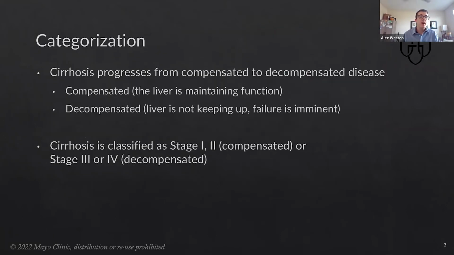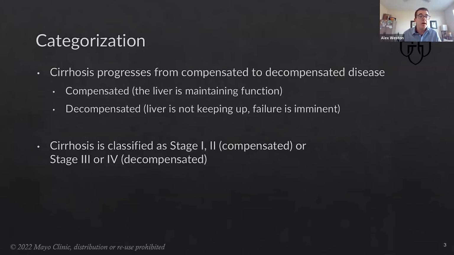So for purposes of our study, cirrhosis progresses from compensated disease to decompensated disease. Compensated means that the liver is able to maintain its function of filtering out toxins and other metabolites from the body.